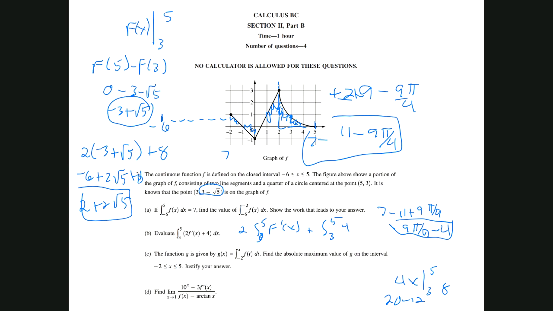Okay, that's a 45 degree triangle, right? If this side was 2, this side would be 2, this side would be 2 square root of 2, right? Do you agree with that?